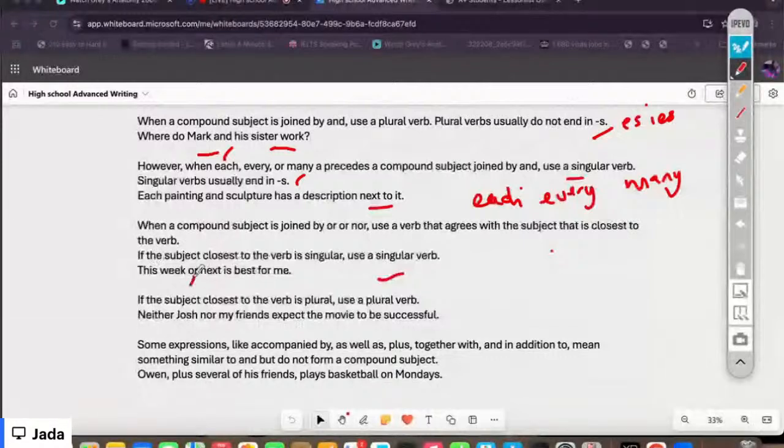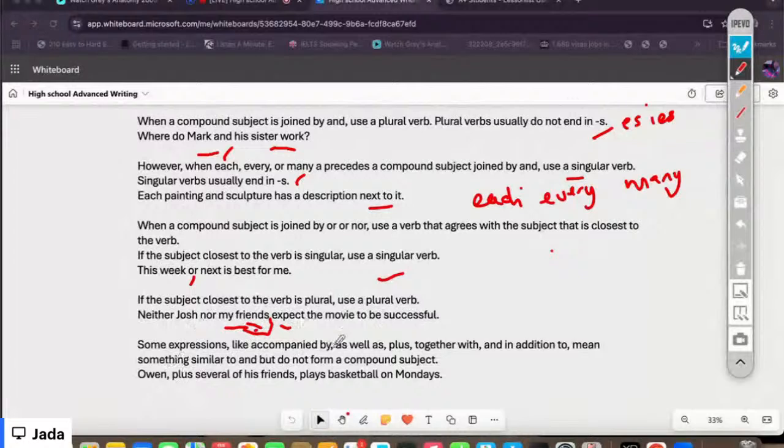With or and nor, make sure you use the verb that agrees with the closest subject. If the subject closest to the verb is plural, you use plural, just like neither Josh nor my friends expect the movie to be successful. Because friends, the subject closer to the verb, is plural, you need a plural verb.